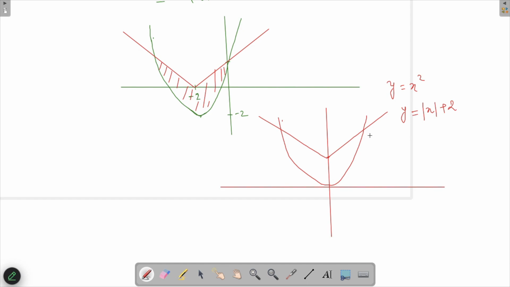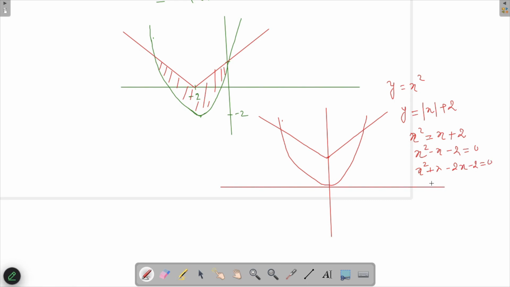Now, where are these going to cut? Basically, you can say that x squared would be equal to x plus 2, because we are taking x to be positive. So then x squared minus x minus 2 equals 0, which factors as (x plus 1)(x minus 2).